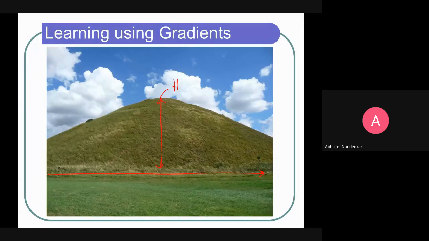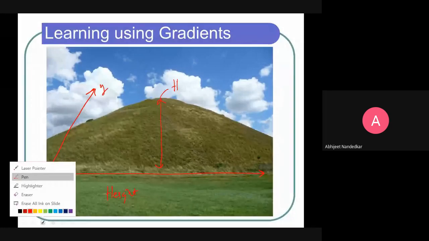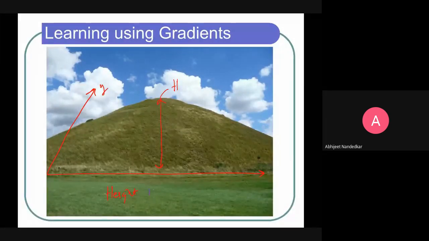I can say x, and this may be the y direction. So height is a scalar function. There is no direction. Okay.